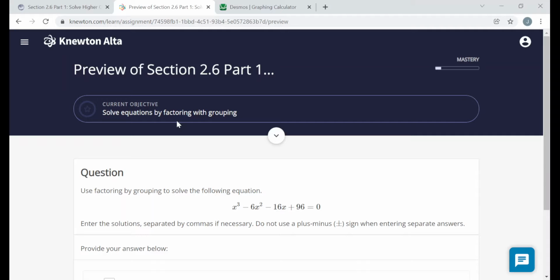But this is with grouping. Now, factoring by grouping should be something familiar to you. This was done in previous sections, previous videos. So I'm just going to write the equation out and do it. You should know how to factor by now.